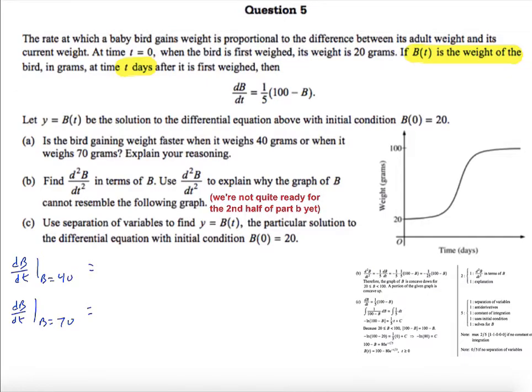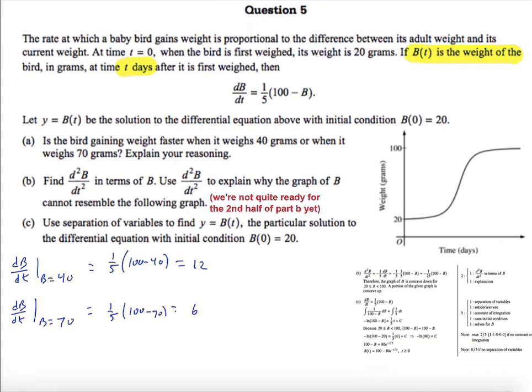So we can simply plug those in. Plug in those two values for B. 1/5 times (100 minus 40). 1/5 of 60 is 12. And 1/5 of (100 minus 70) is 6.